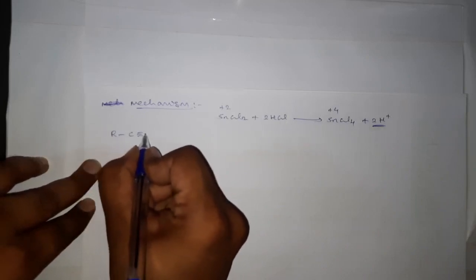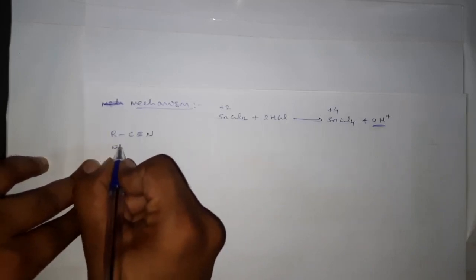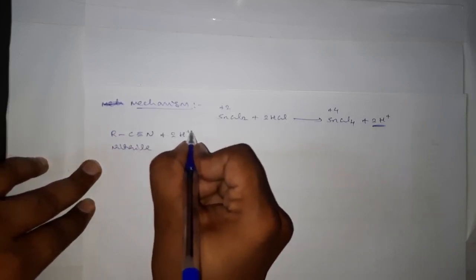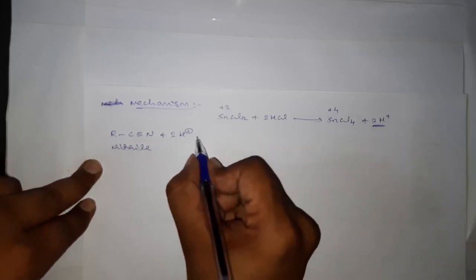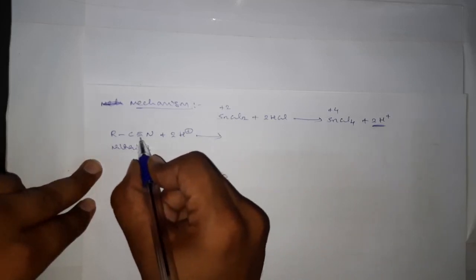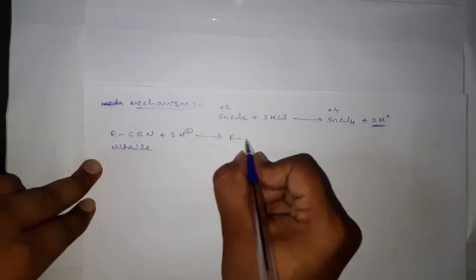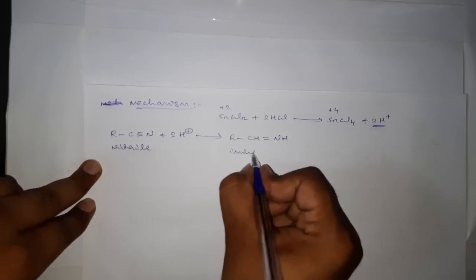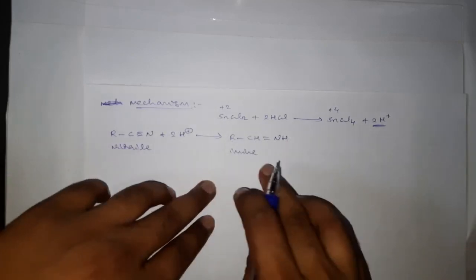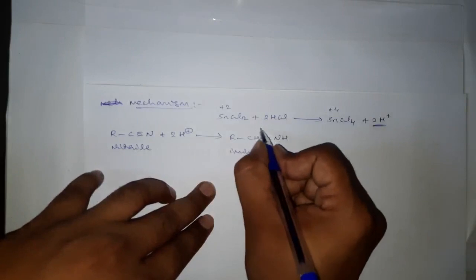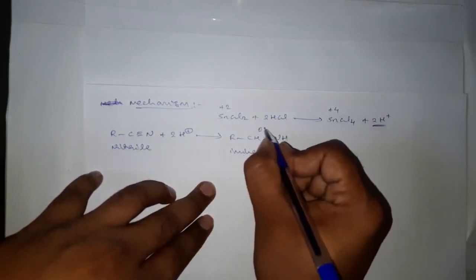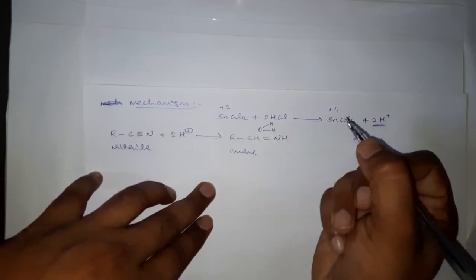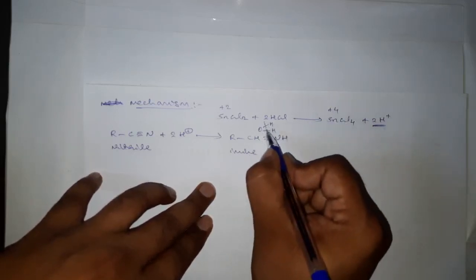That is RC triple bond N. When the nitrile comes in contact with 2 moles of nascent hydrogen, the hydrogens get attached to the multiple bond and form imine. Correct? And when this imine reacts with water, which has the formula OHH, these bonds will break.